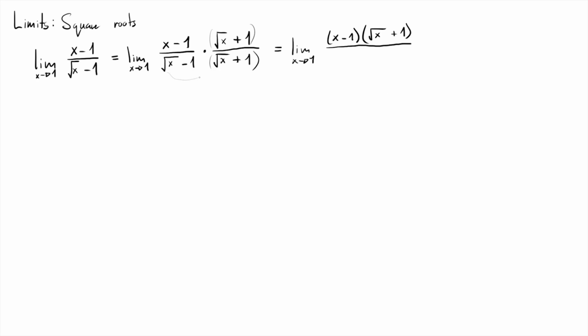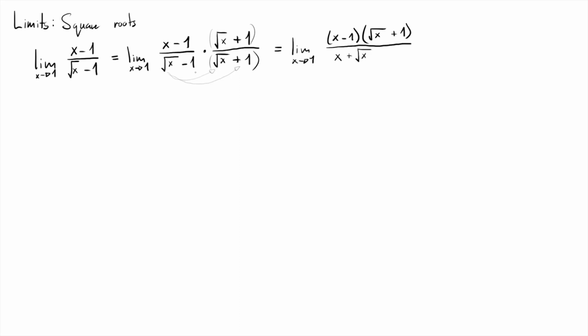So we're going to have root x times root x. What does that equal? Well, square root times the square root gets rid of the square root, and we're just left with x. Then we have the square root of x times 1, so that gives us plus the square root of x.